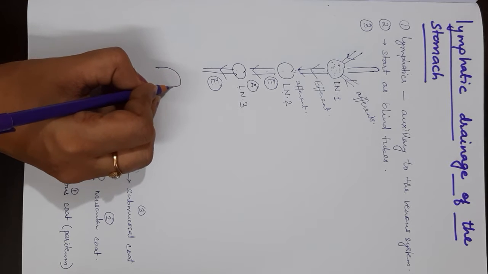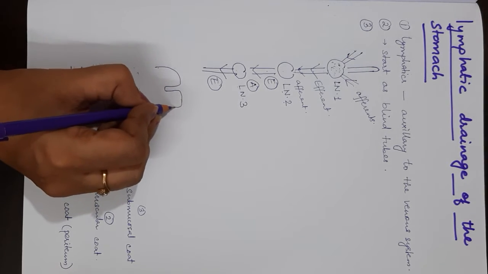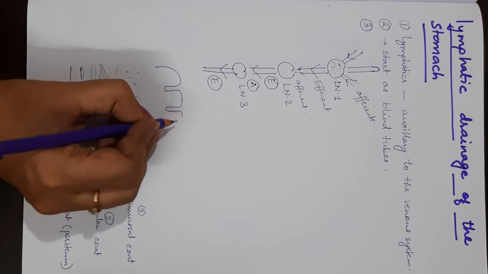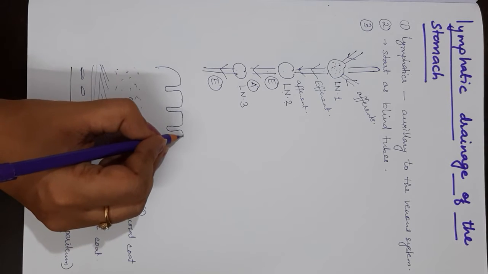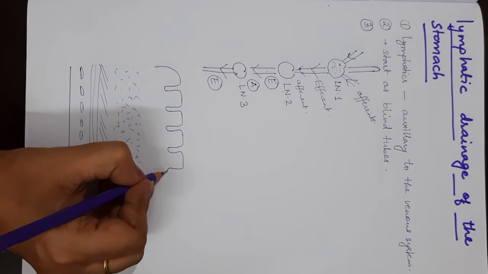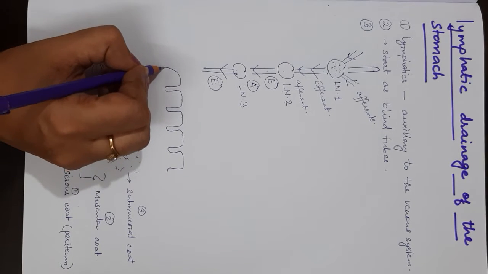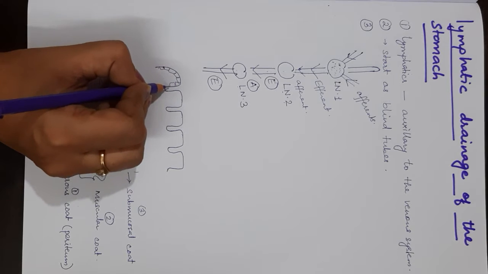Now the mucous membrane is lined by the epithelium, which is columnar in the case of the stomach, and this epithelium has turned inwards to form the gastric glands.